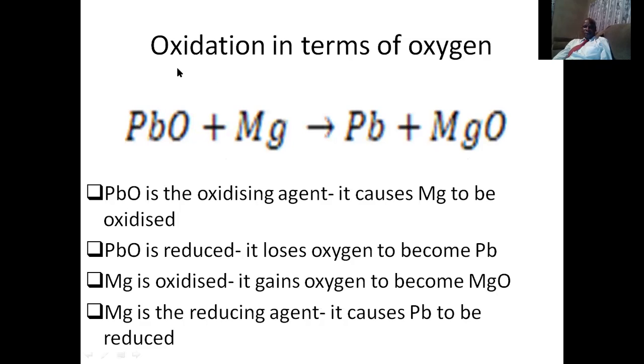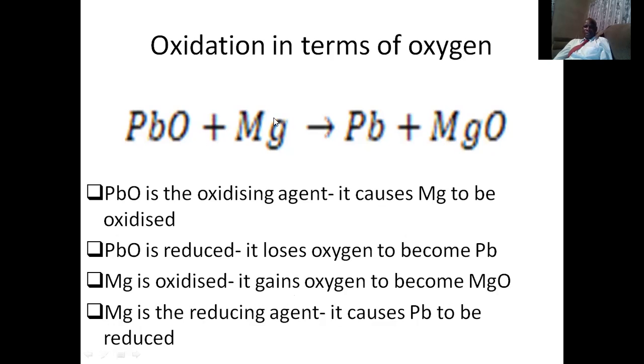These are the reactants and these are the products. The oxygen is added to magnesium so that magnesium now becomes magnesium oxide. And so we are saying magnesium is oxidized because it has gained oxygen by becoming magnesium oxide.